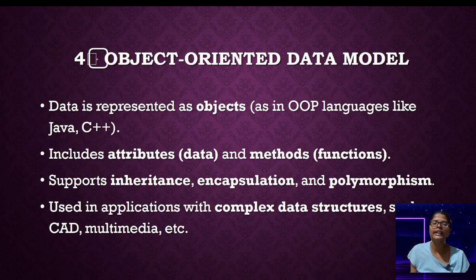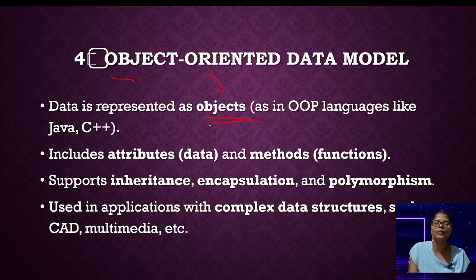Next, the fourth one is the object-oriented data model. Here the data is arranged in object format. If you have an idea about object-oriented programming, OOPS concepts, then you will understand these objects. In this model, everything is treated as an object.